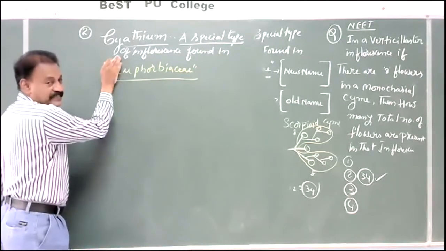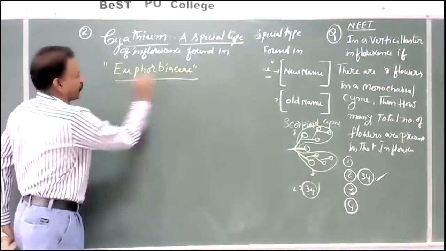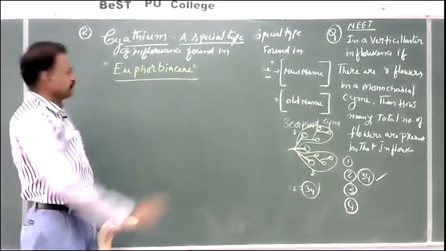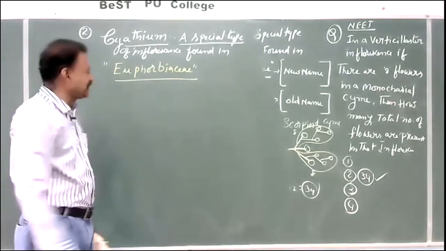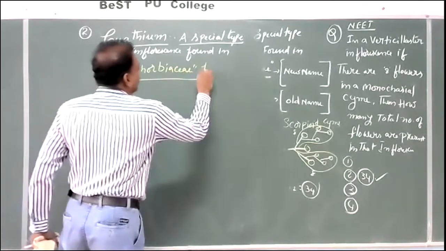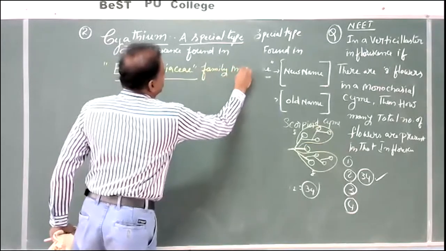The E is silent at the time of pronunciation. Euphorbiaceae. Euphorbiaceae family members.